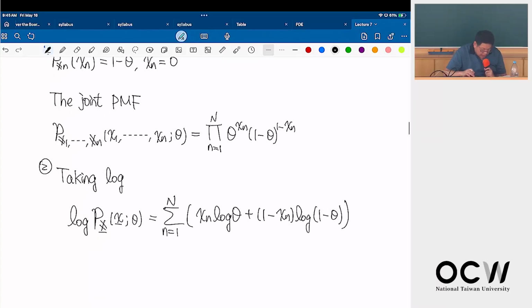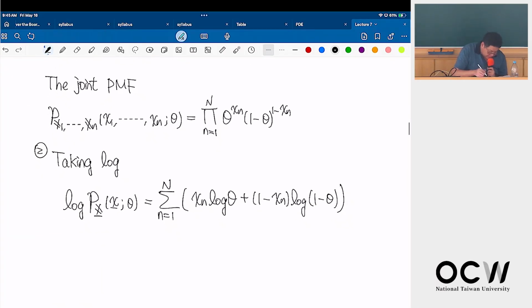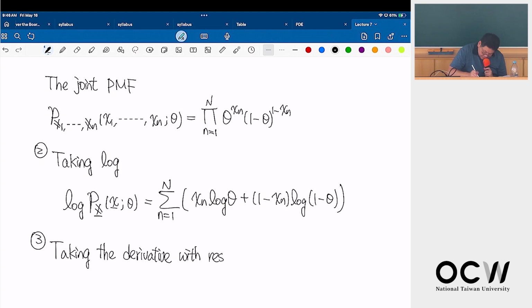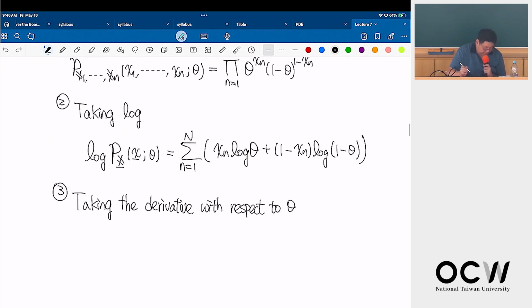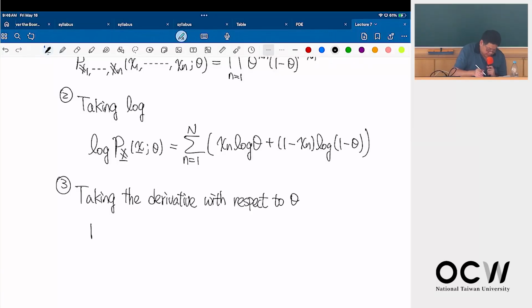Now to find the best theta, we need to take the derivative with respect to theta. So taking the derivative with respect to theta, d theta.